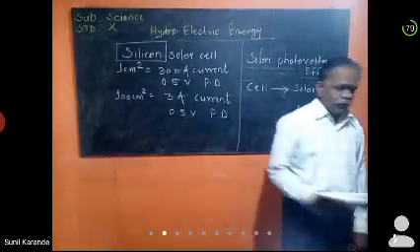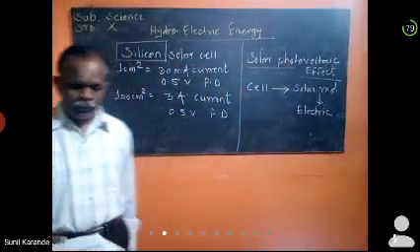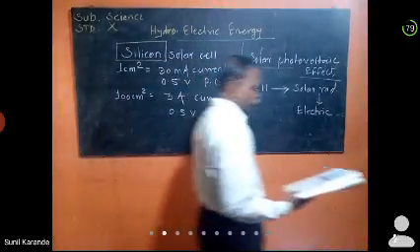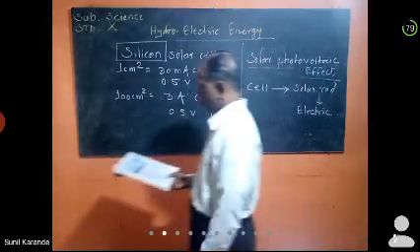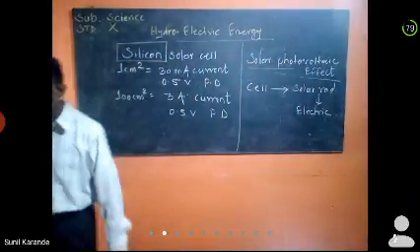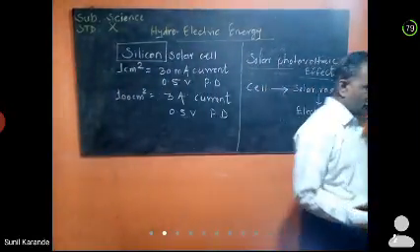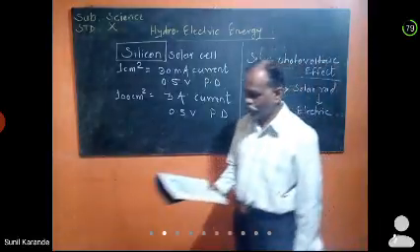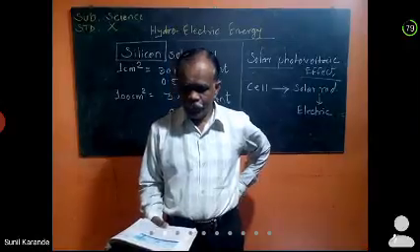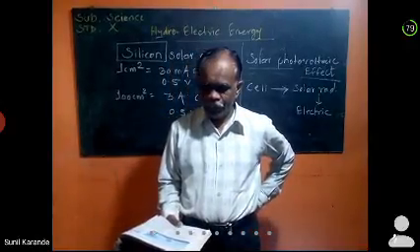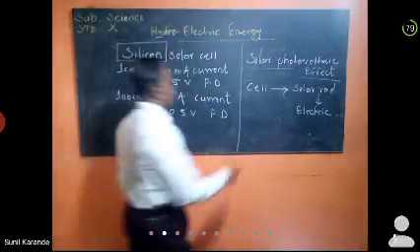One more thing you note down. Change the line and write: electric energy generation by solar energy is carried out in two ways.